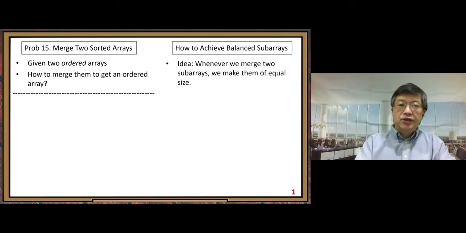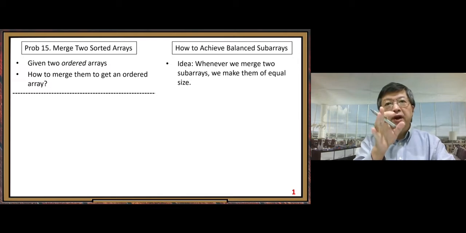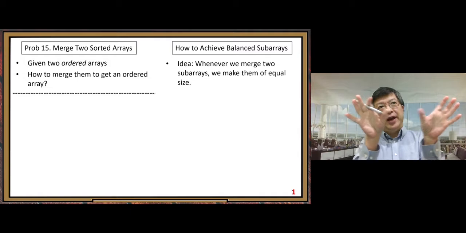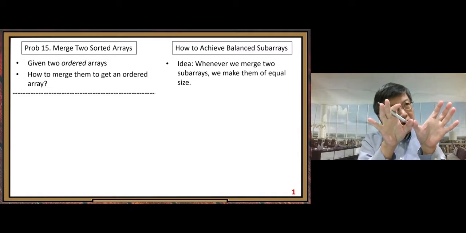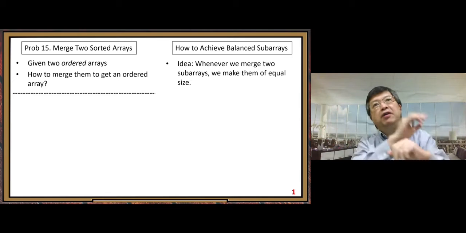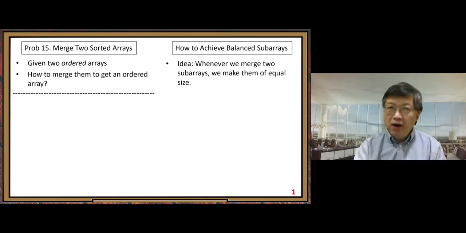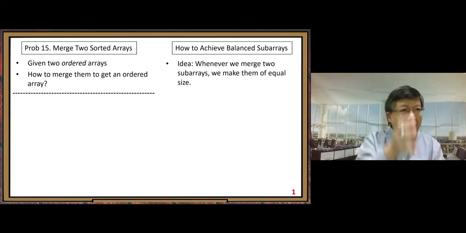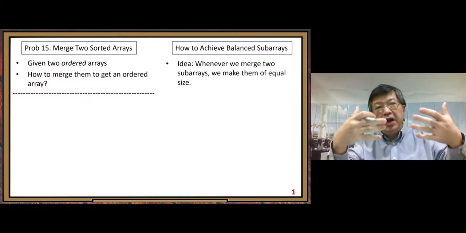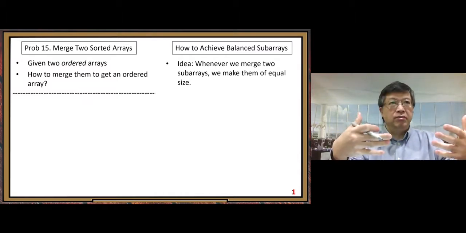So the idea: whenever we merge two subarrays, we make them of equal size. So we split first. Here we use the divide and conquer approach. There is a divide step, where we try to split as evenly as possible.